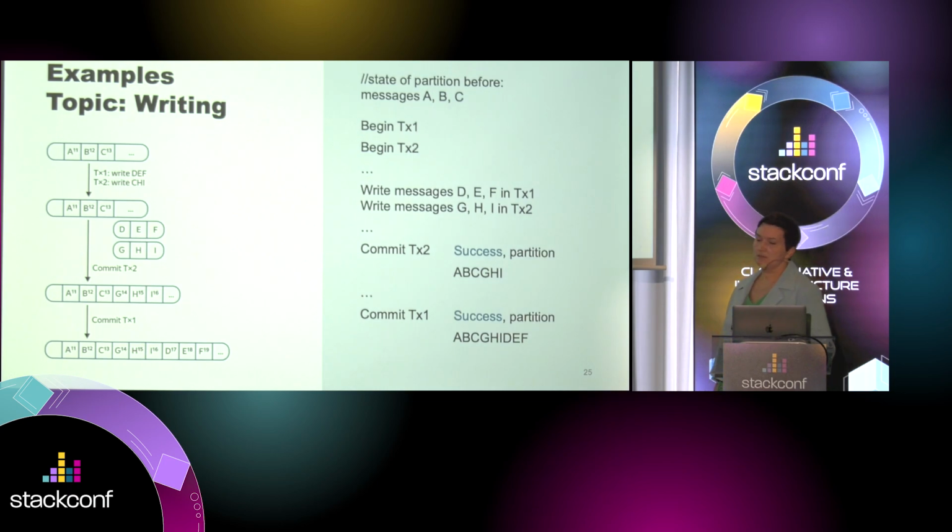We write messages DEF in TX1, we write messages GHI in TX2, and then we commit TX2. It succeeds. Partition has messages ABC, GHI. Then we commit TX1, it succeeds. Partition has messages ABC, GHI, DEF. So if somebody reads this topic between TX2 and TX1, he or she would see ABC, GHI.